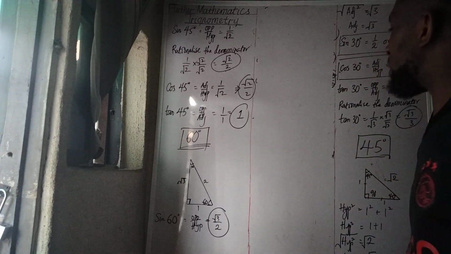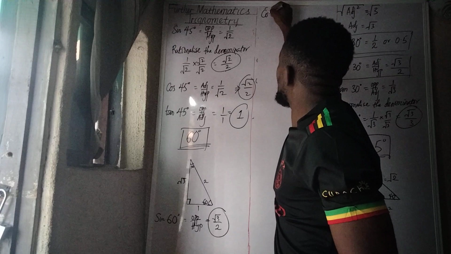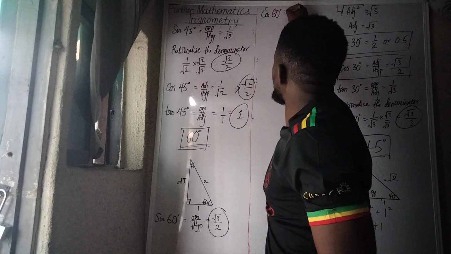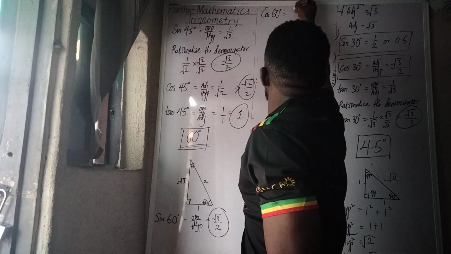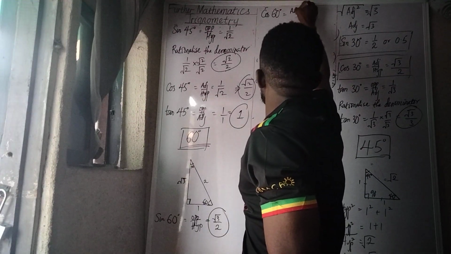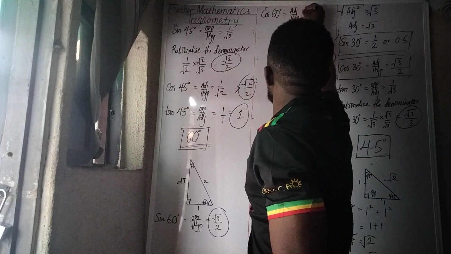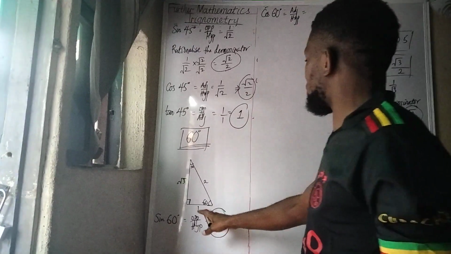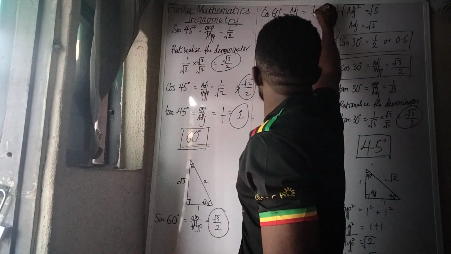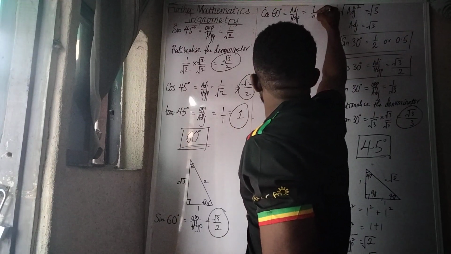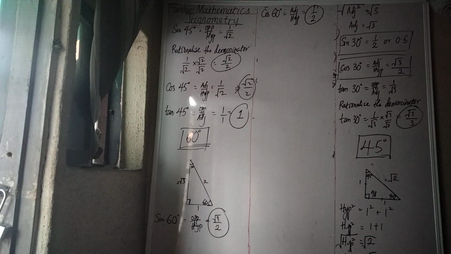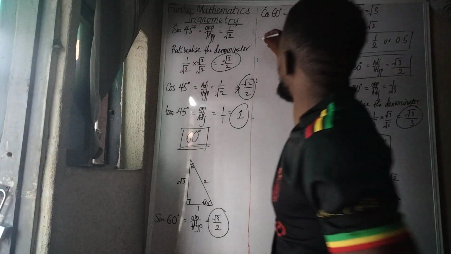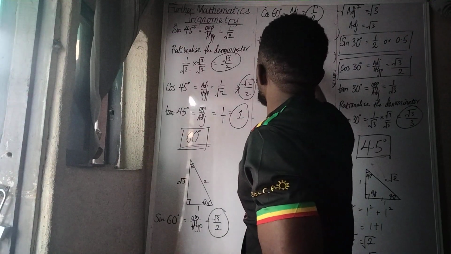So next one is cos 60 degrees. Cos 60 degrees will be adjacent over the hypotenuse. We look at this, our adjacent is 1, our hypotenuse is what? 2. So for cos 60 degrees, we have 1 over 2, half or 0.5. Okay, and the last but not the least will be tan 60 degrees.